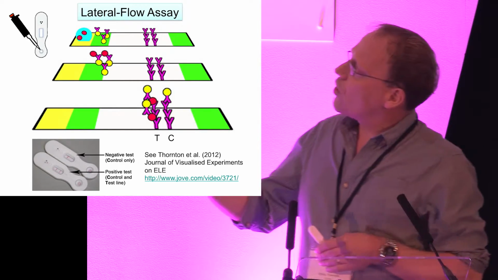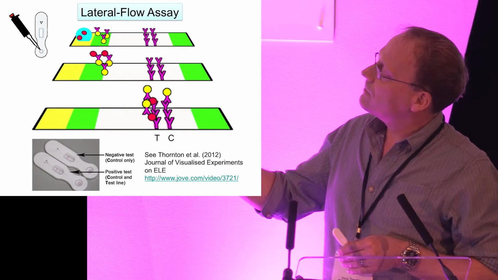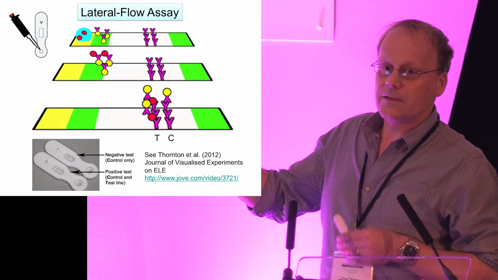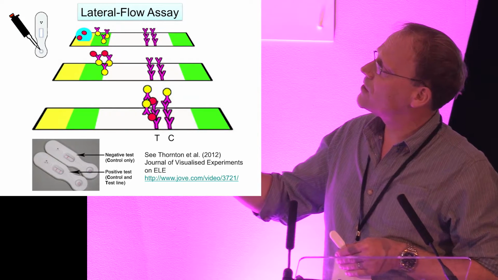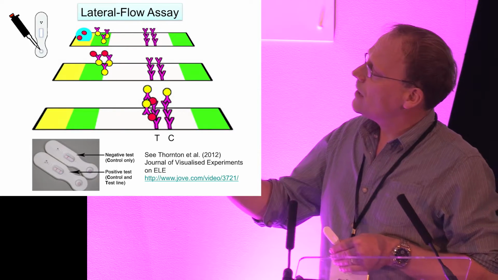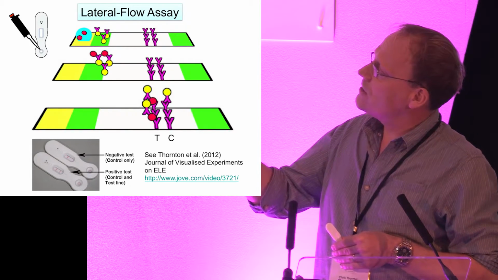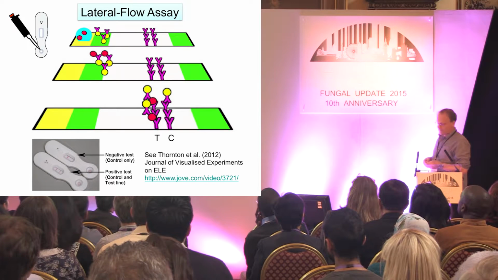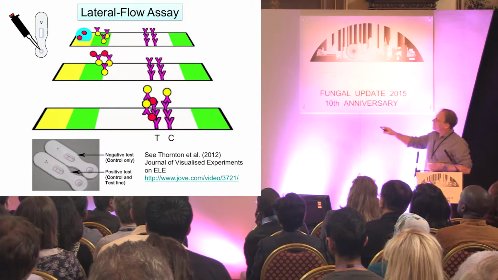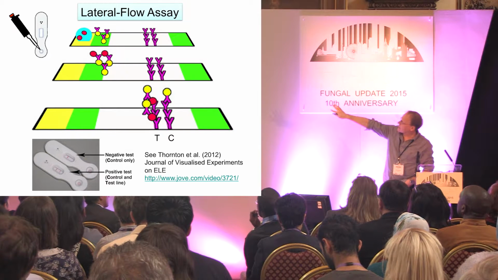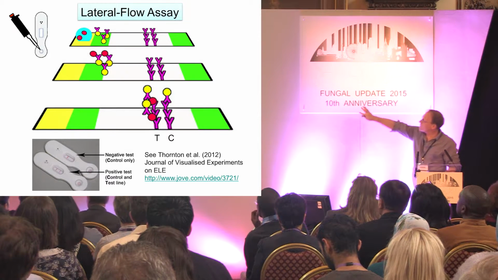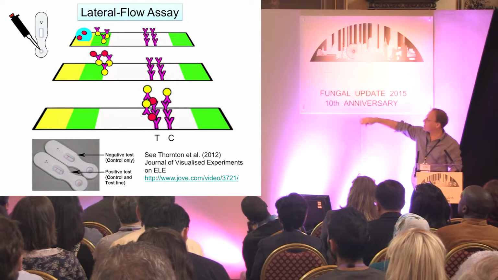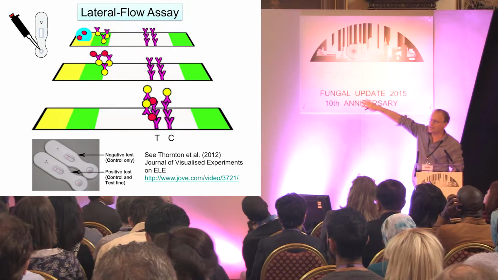Then the whole complex moves along by capillary action, and at a test line, you have the same monoclonal antibody that sits there and waits for the antigen to pass over. So your antigen is picked up, attaches to the antibody, flows along, and where the antigen meets the same antibody, it forms a sandwich. So you get a coloured line at the test line.